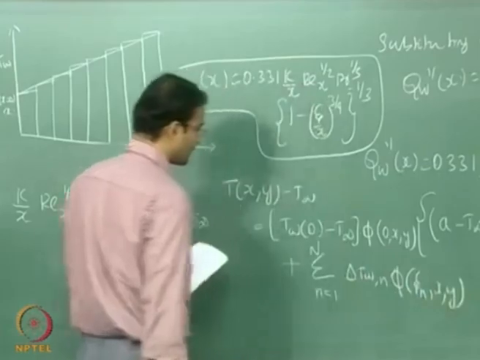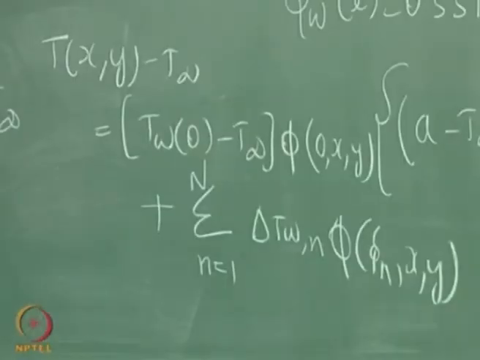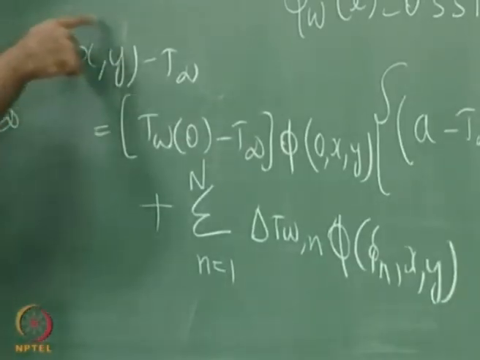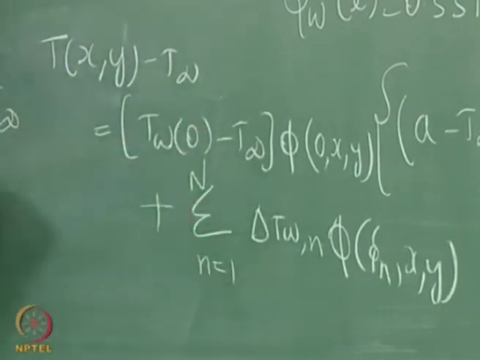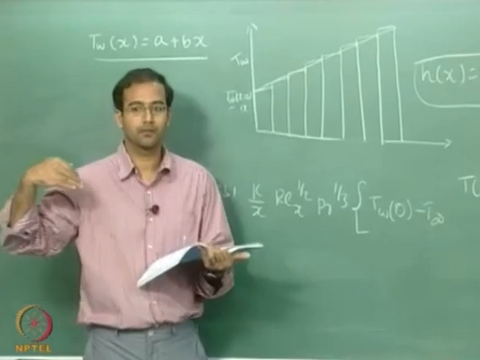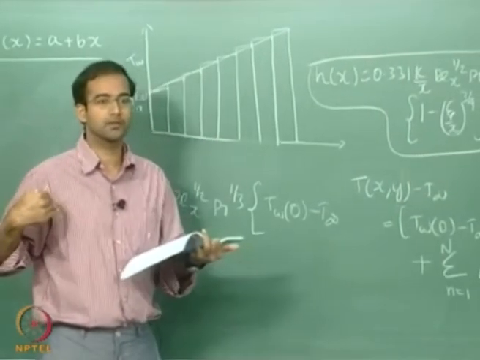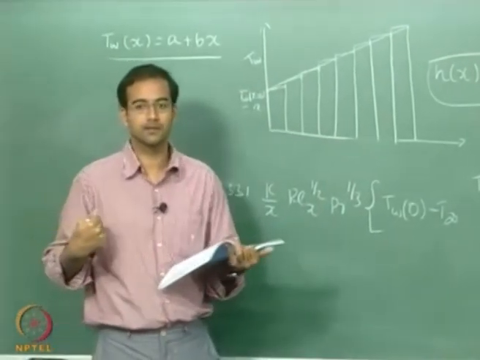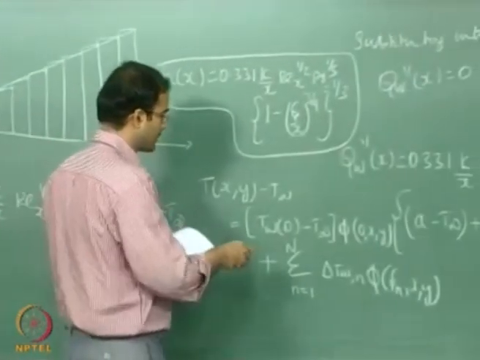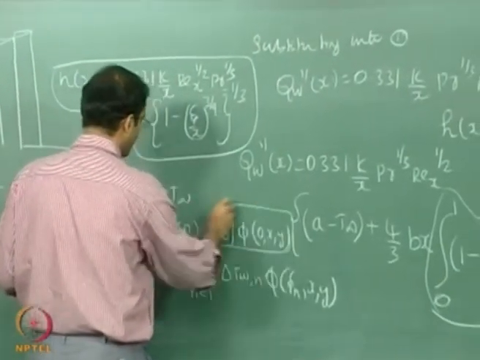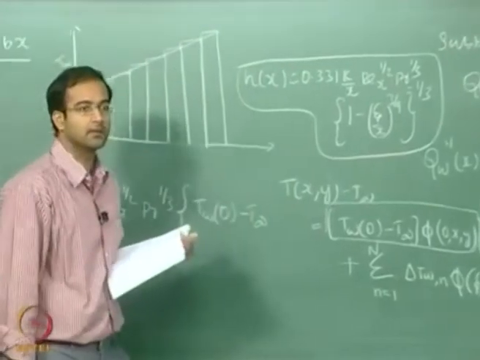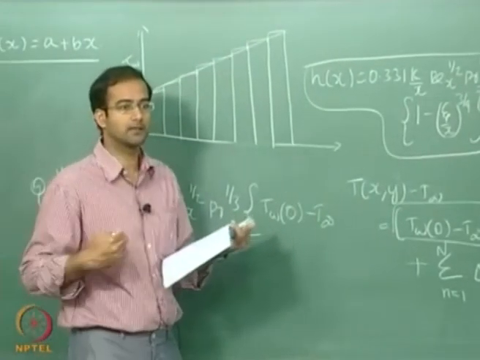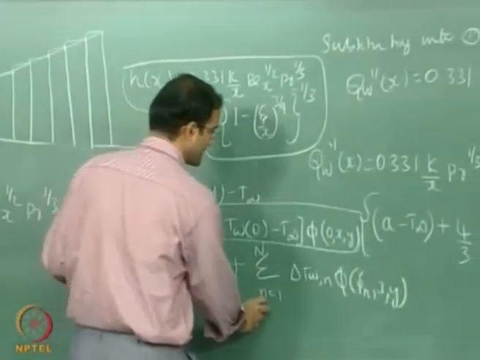So this was what we saw yesterday. This was for the local variation in temperature. We have superposed the solutions where you have a uniform temperature, and one by one the incremental temperatures. So all of that when we superpose, first you have the basic solution plus the incremental solutions, which is basically this.